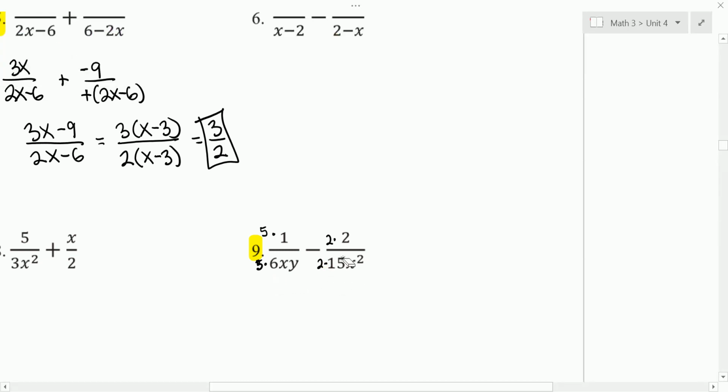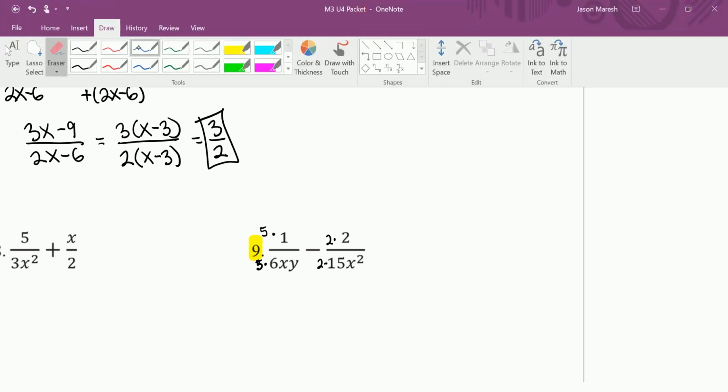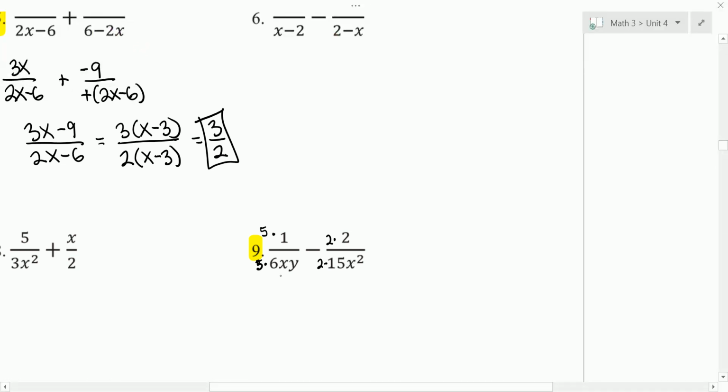Next, the left side has 1x, where the right side has x squared. So I need to multiply by x, top and bottom on the left-hand side. And the left side has a y, right side doesn't, so I'm going to multiply the right side, top and bottom by a y.